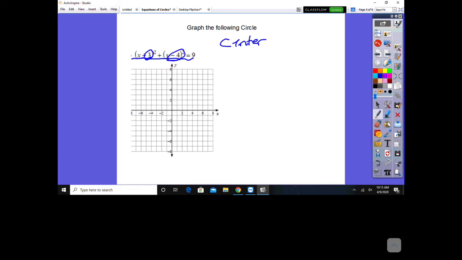So this is a plus 3, so we're going to say negative 3. This is a minus 4, so we're going to say positive 4. There's the center. The radius is the square root of that number. So the radius is equal to the square root of 9, which happens to be 3.